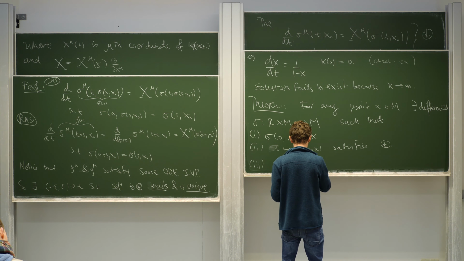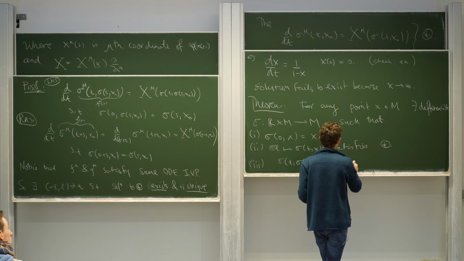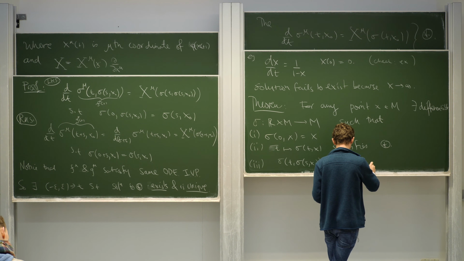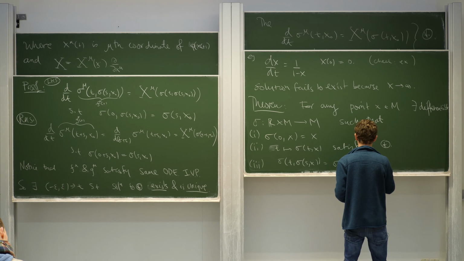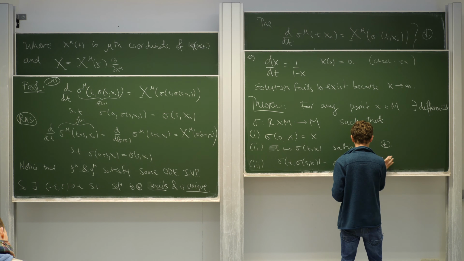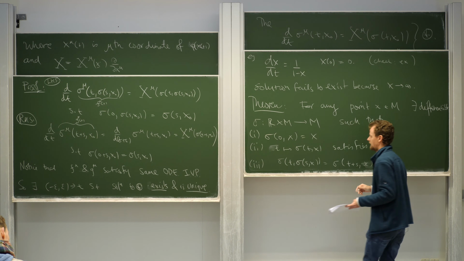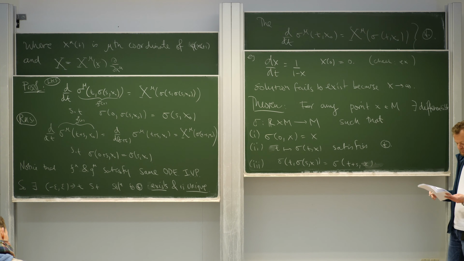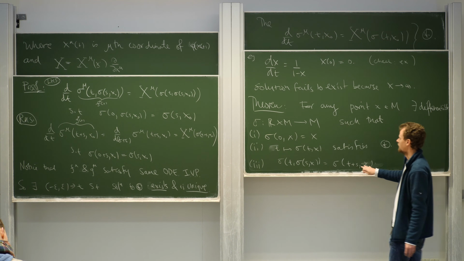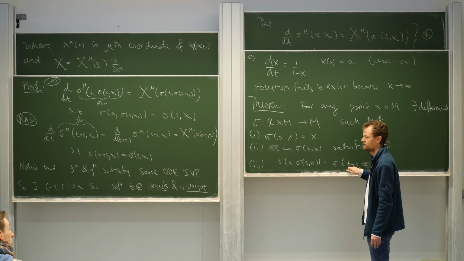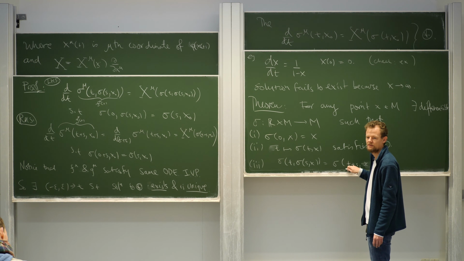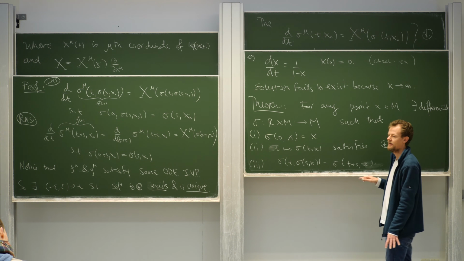Well, I should be a bit careful with using the word semigroup even. Because it's not really a semigroup, because there can exist a finite t where this thing blows up when M is not compact.